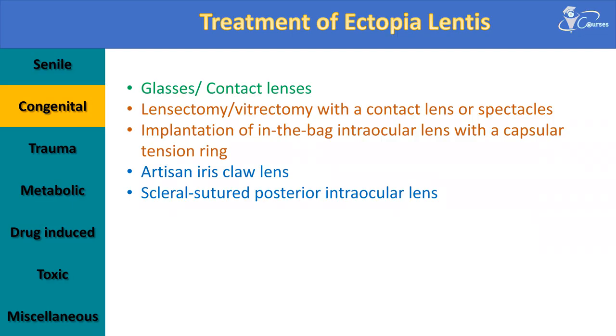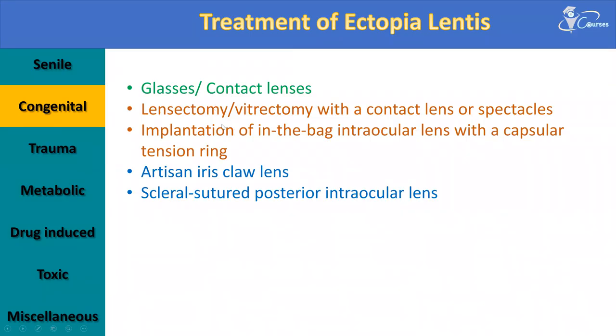Starting from the least invasive, glasses and contact lenses are reserved for patients who have good visual acuity, are stable, and don't have glaucoma or cataract. So the treatment in this stable condition will be glasses and contact lenses. But if the patient has cataract, then the lens has to be removed.